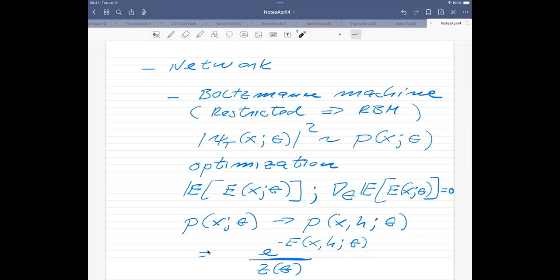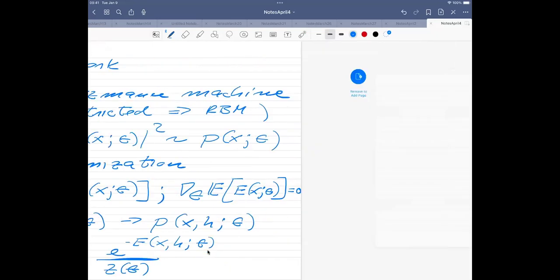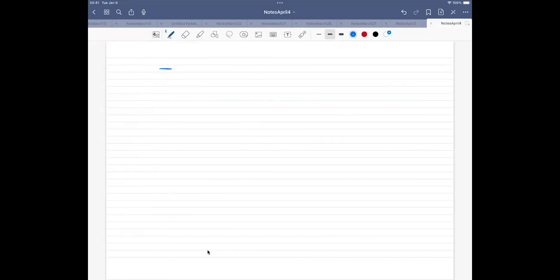The other alternative, which often gives much better results, is that instead of having a Boltzmann machine, we let a neural network, which is going to be a function of x, the positions of the particles, and the parameters, be our trial wave function.